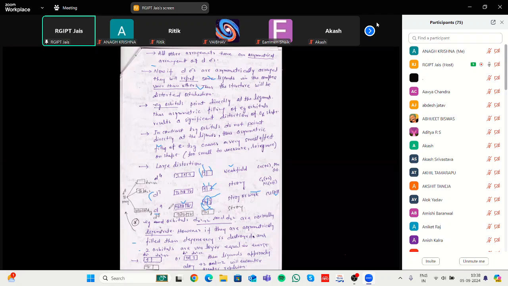But in case of d7 and d9, the distortion found is maximum. In case of d4, the distortion found is less as compared to d7 and d9. That is based upon the asymmetrical filling of t2g and eg orbitals.